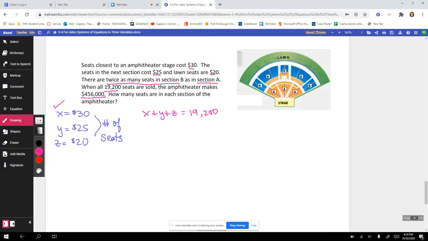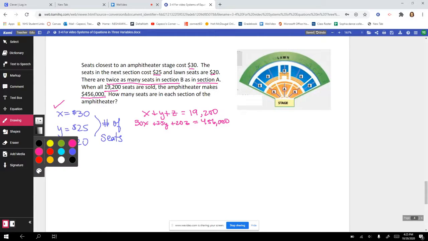Now, if we talk about a money equation, we know $30 times the number of seats, which stand for x, which is the ones closest to the stage. And then we have $25 seats times y. And then we have the $20 seats times the number of ones in the lawn. That total amount was $456,000.